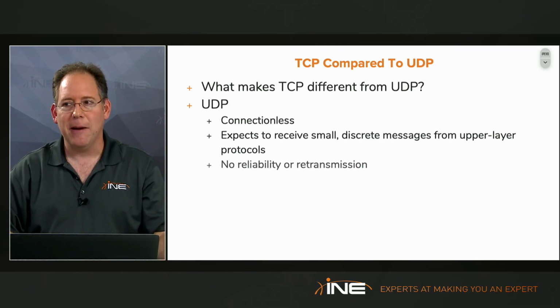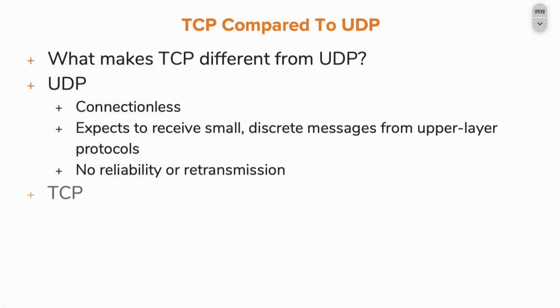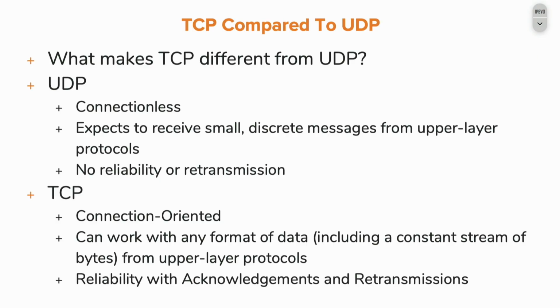TCP can handle that. And UDP provides no reliability of transmission. TCP, on the other hand, is connection-oriented. It can work with any format of data, including a constant stream of bytes from upper layer protocols. And it gives us reliability with acknowledgements and retransmissions.